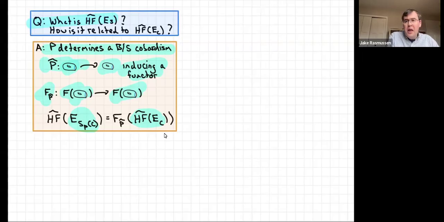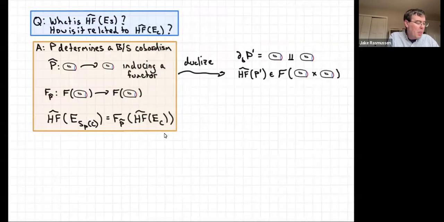Well, how could we hope to do that? So maybe one thing we could do is dualize the problem a little bit. Instead of thinking about this functor this way, we could think that actually maybe both boundary components of my pattern P are on the same end of the functor.